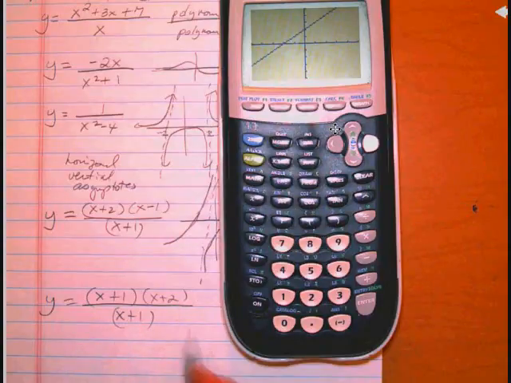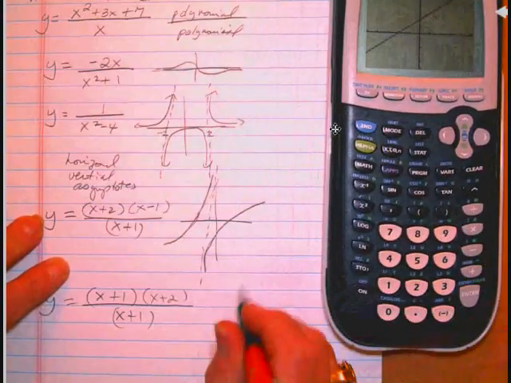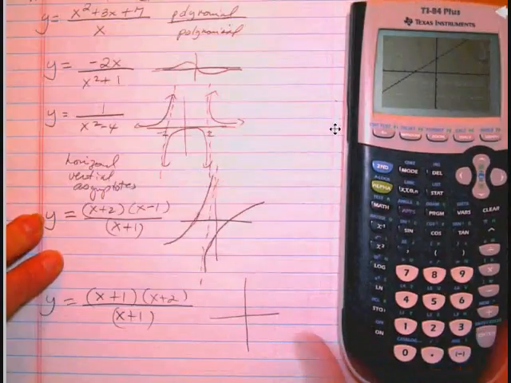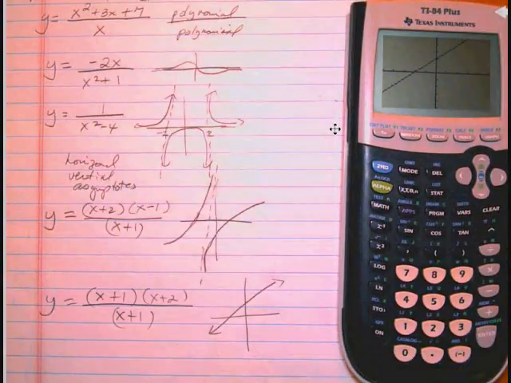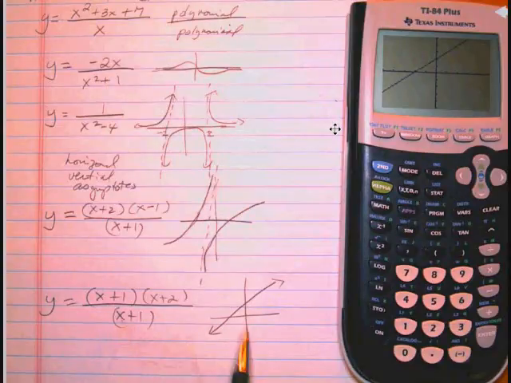But this graph is deceptive because even though it looks like a line, it isn't, because if I put negative 1 into this function, I get 0 on the bottom of this fraction, 0 in the denominator. 0 in the denominator can't happen, so I can't use x equals negative 1.